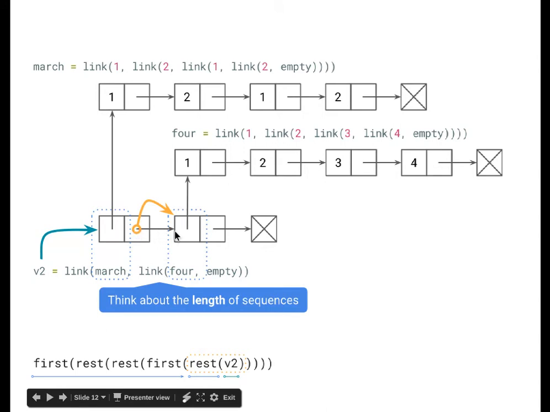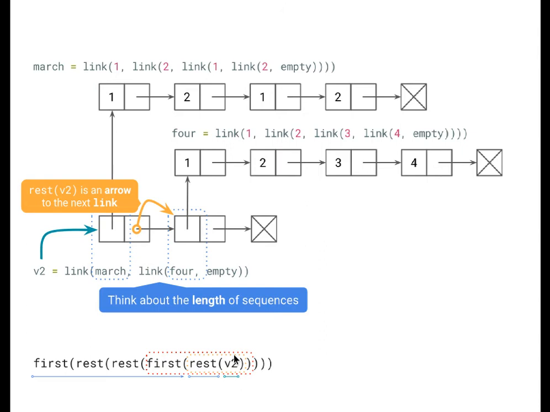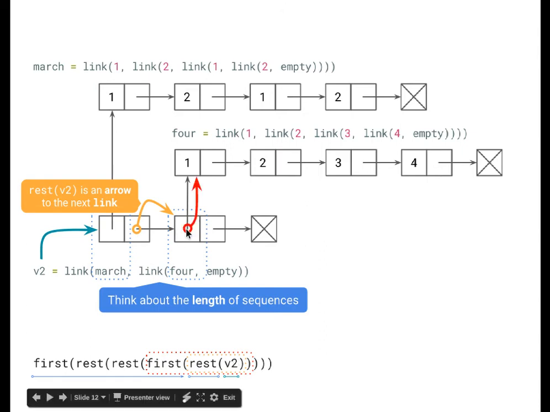And we can keep on repeating this procedure, following the rest of this one to be 2, this link of 2, the rest of that being the link of 3, and the first of that link being the number 3. And so that's how we evaluate this expression. Questions about this example? This one's pretty important.